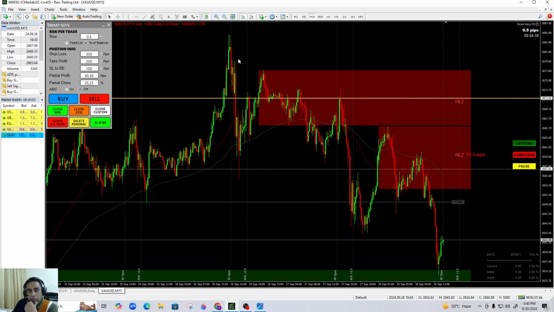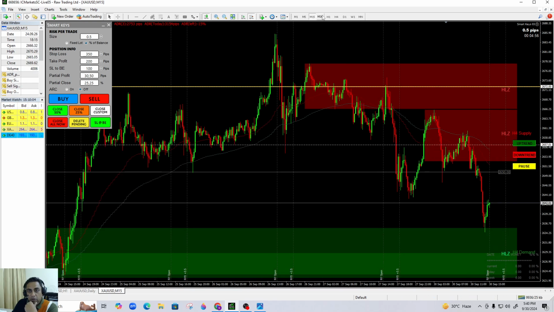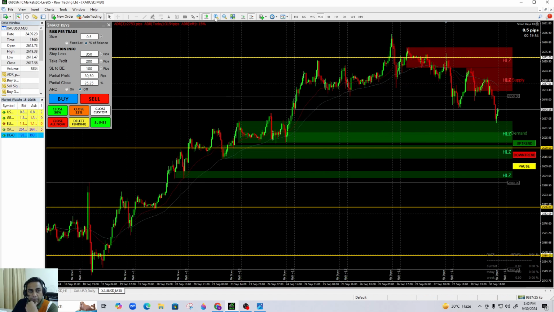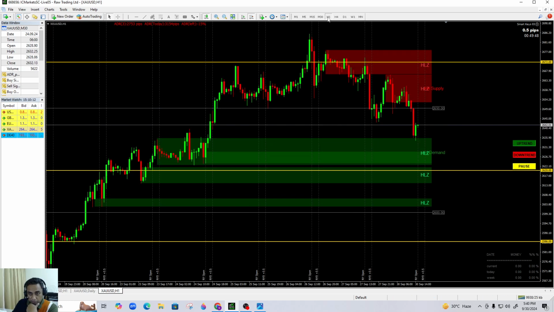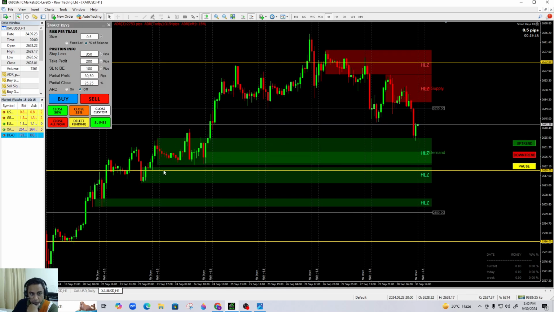Lower. Let's see if there is anything lower. Nothing on the M30. Nothing on the 4-hour. Well, that wick is there, and that's right at 2620, a daily SR area or a weekly support level.